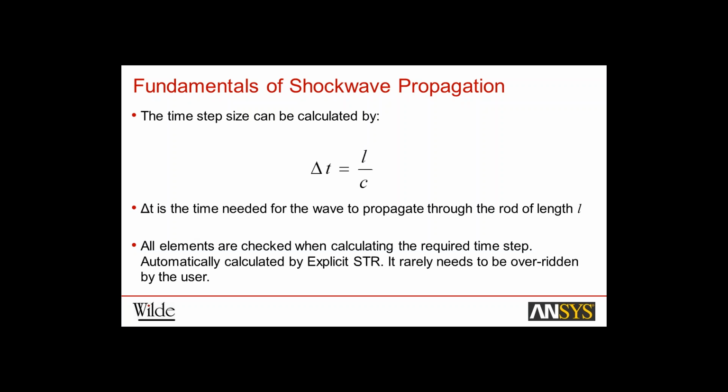In the calculation of delta t, Explicit STR will automatically calculate these values based on the defined mesh. So it's important that we control our mesh when we're developing our finite element models. That value rarely needs to be overridden by the user, but we can use common techniques such as mass scaling to factor densities of some elements to then make the delta t slightly larger in areas that we are interested.